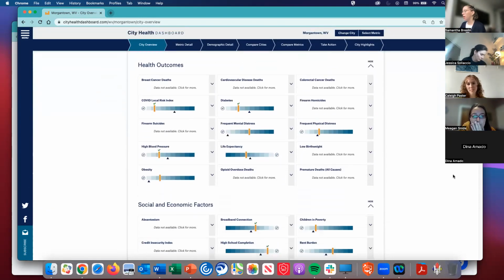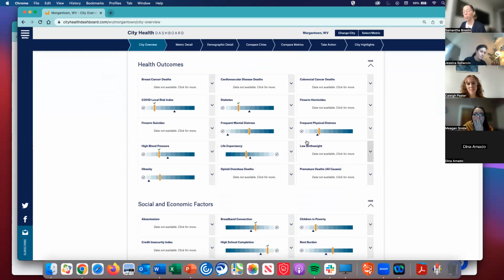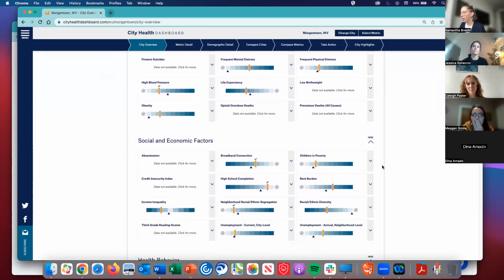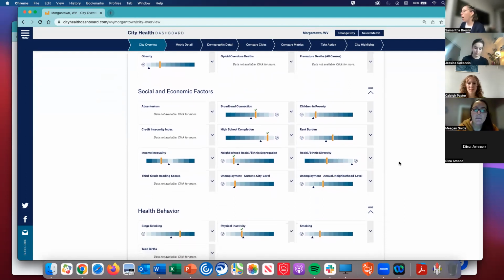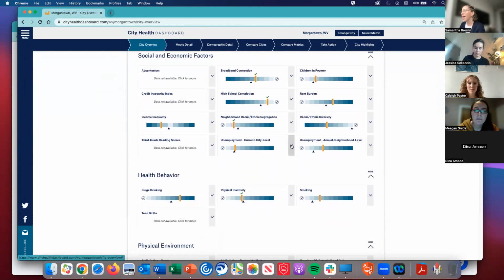And then you can see all of the dashboard's measures that we have available for Morgantown listed here. And you can kind of scroll and again, see that 360-degree view, or like a high level bird's eye view of what's happening on the ground in Morgantown. So we can click into any of these measures.